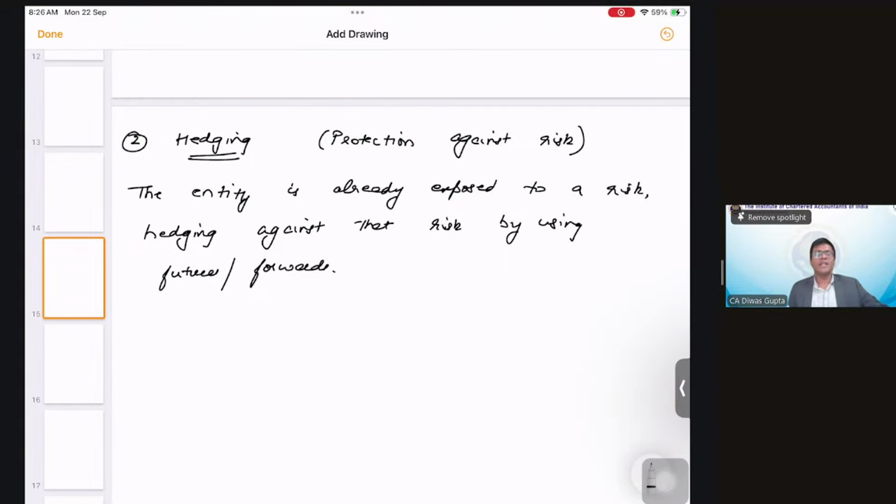Okay, so there is already a risk that is there. Now using futures or forwards, you will have to protect yourself. Now let's see how.